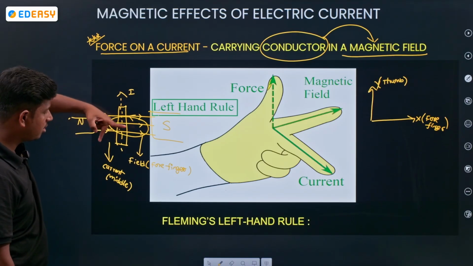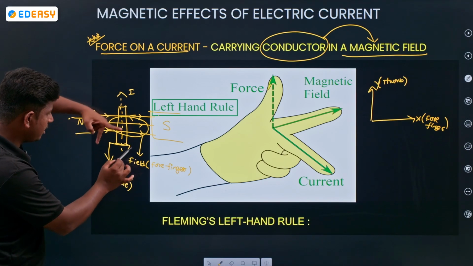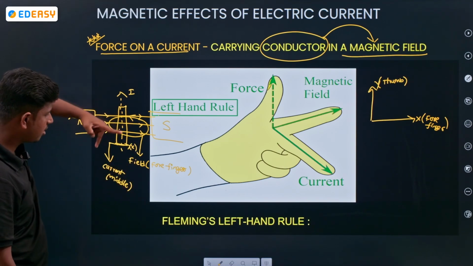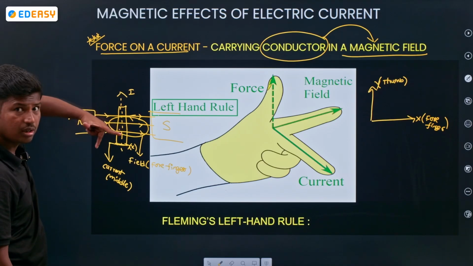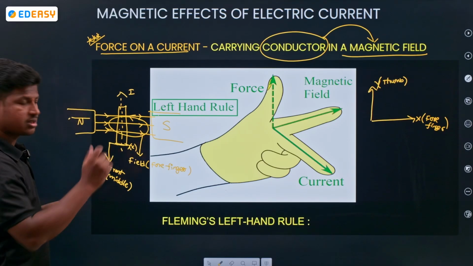Field, current is this side. Field is this side. Field, current, and thumb, that means force is this side. Force is this side.